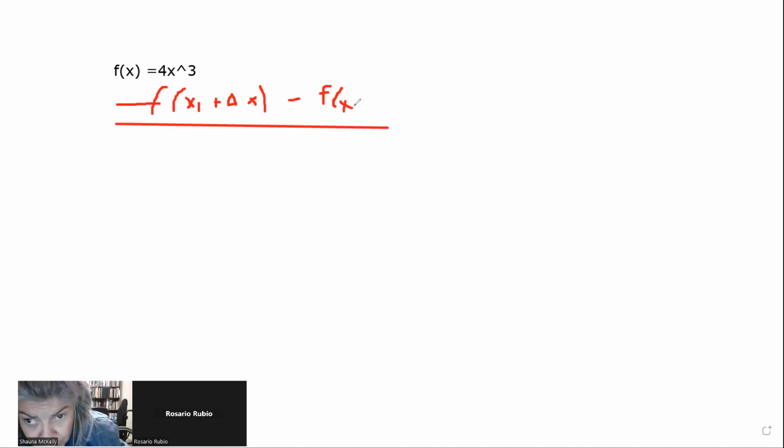Now it tells you what these are, so you plug them in and then you simplify. So that's one way. You could do this with all your deltas. You could just use the function and cancel all your deltas. But since they've given it to you, you can just plug it in if you want. So there's a couple of ways to do this, all right?